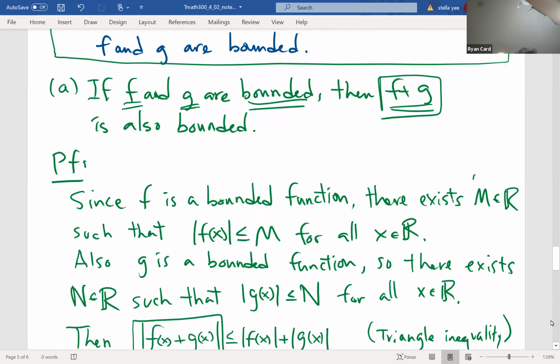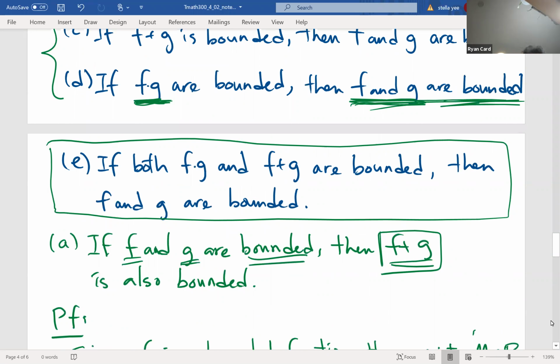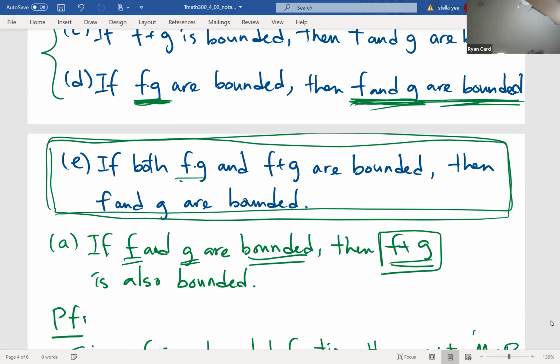And I'm not going to prove it, but I can give you a hint about part E. If you have both the product and sum be bounded, then you could show that f and g are bounded. So this is a true statement.